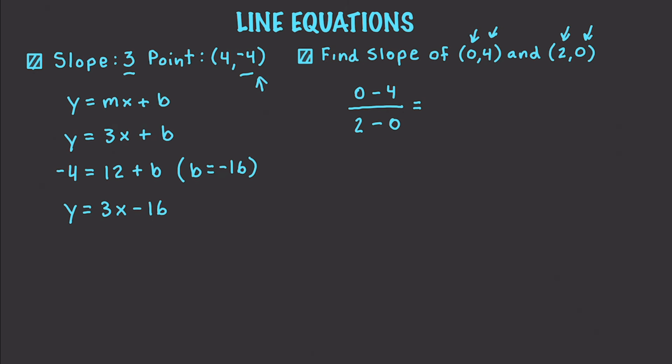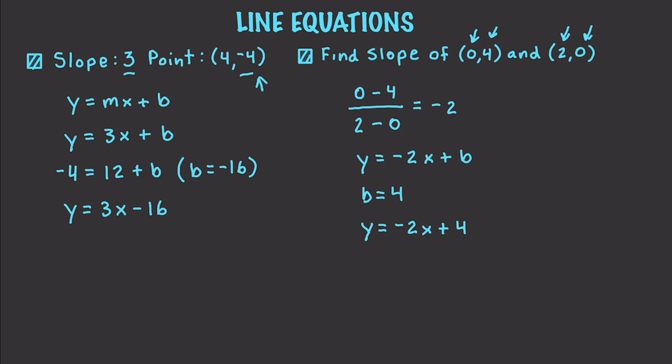And if you do that, of course, you're going to get negative 2 as a value. And of course, we could then come in and say y is equal to negative 2x plus b. We know our slope. We could then find that b is going to have a value of 4. And we could then also find our equation, which is going to be y is equal to negative 2x plus 4.